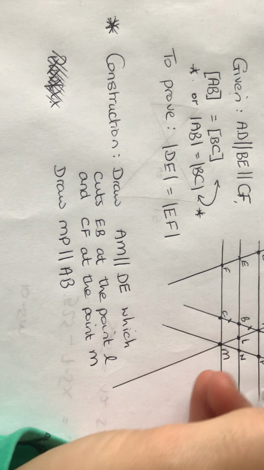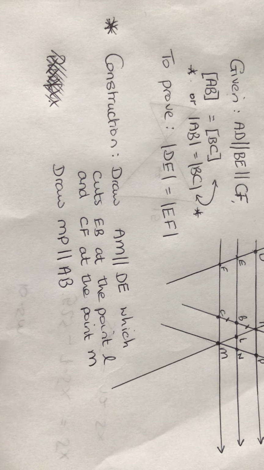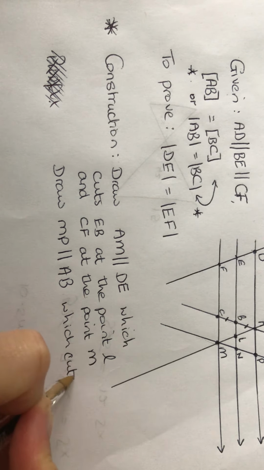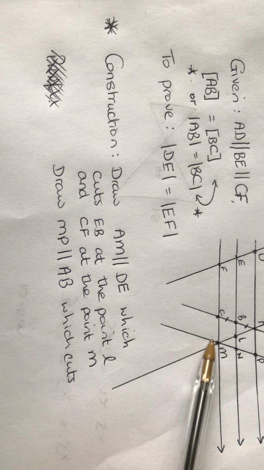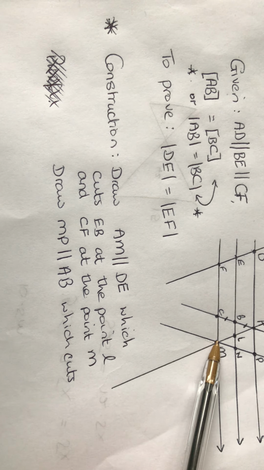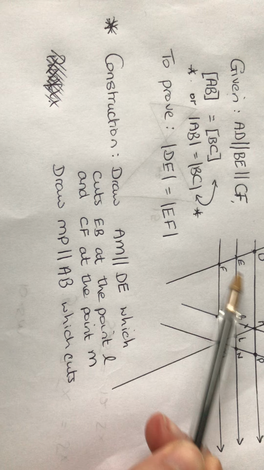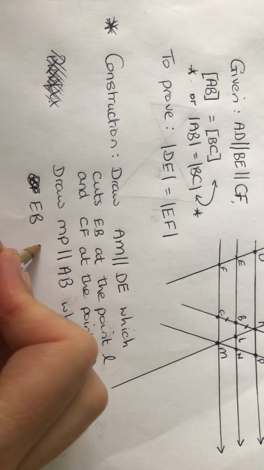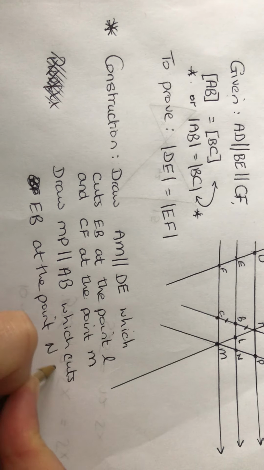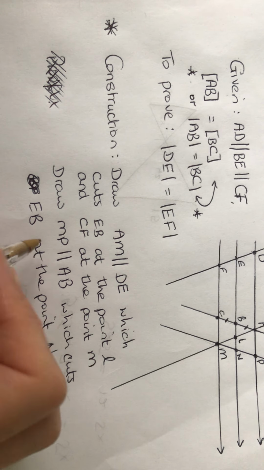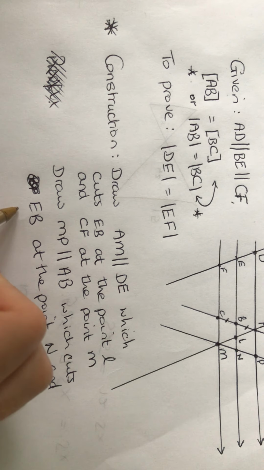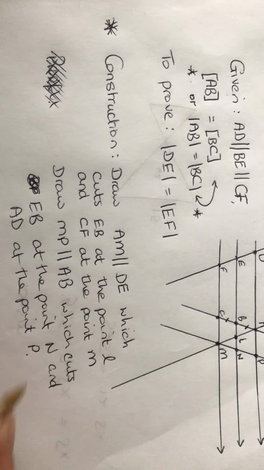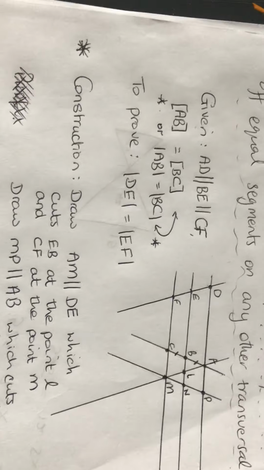So this line here, MP, is parallel to AB, and this line through M cuts EB at the point N, and the line AD at the point P. Again, I don't think I can be any clearer than that for the examiner.